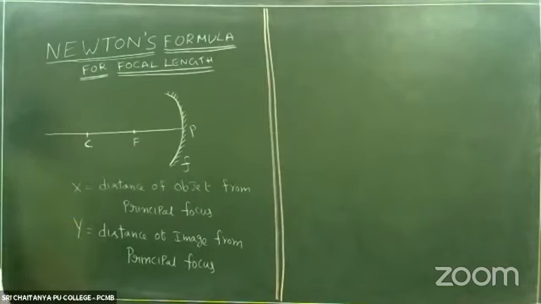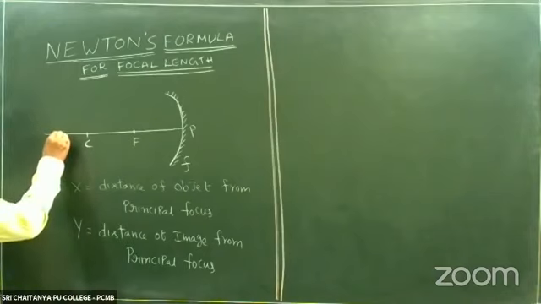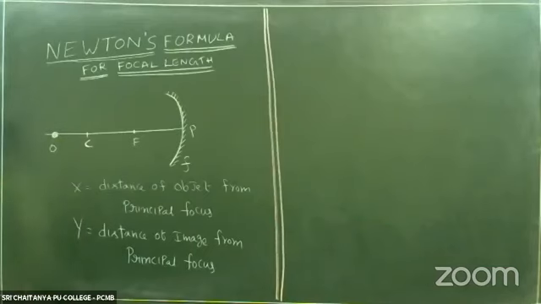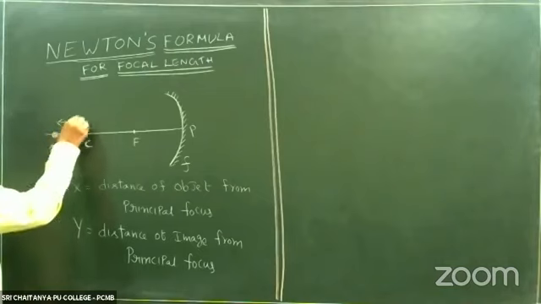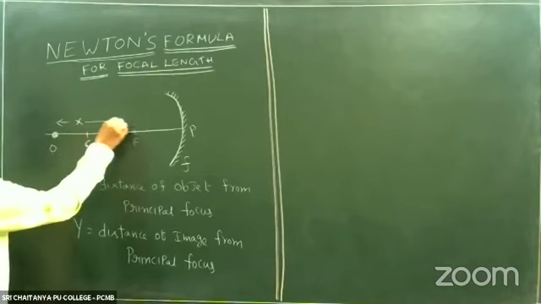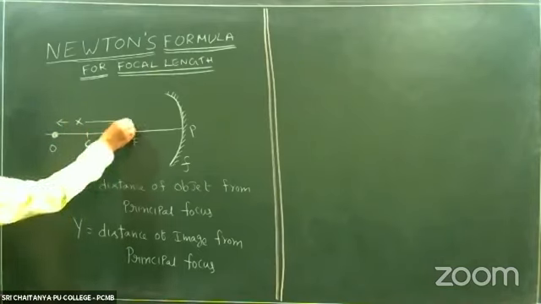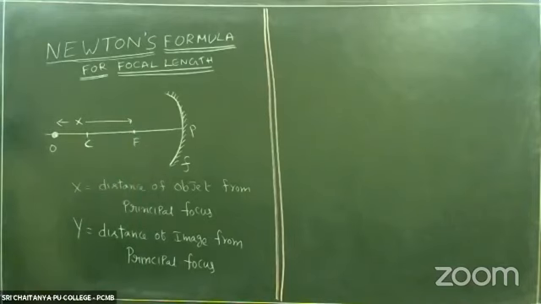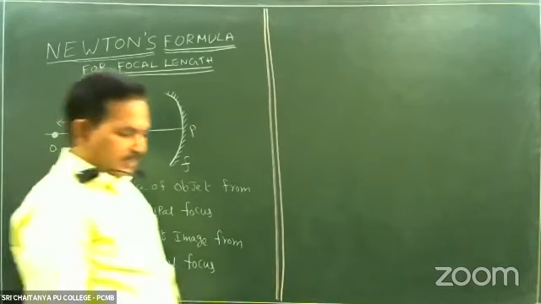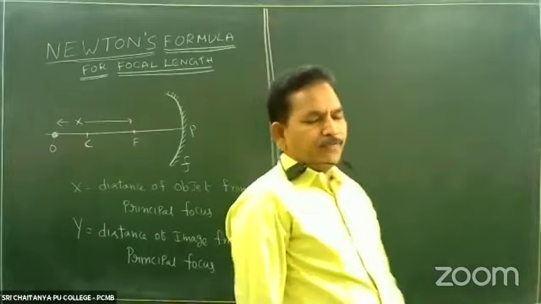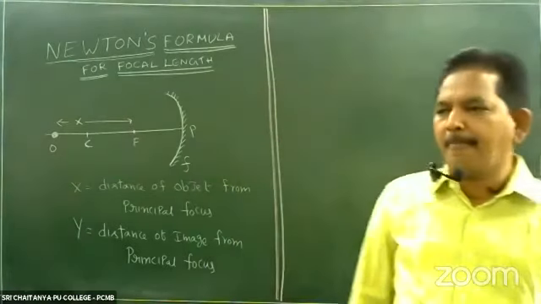I will take the point object beyond the center of curvature. This is the point object. From the principal focus, it is at a distance of x. x is the distance of the object from the principal focus.